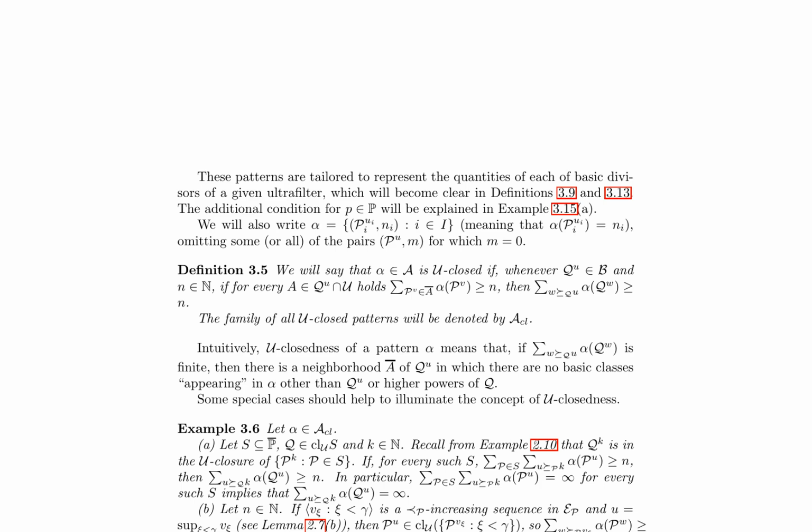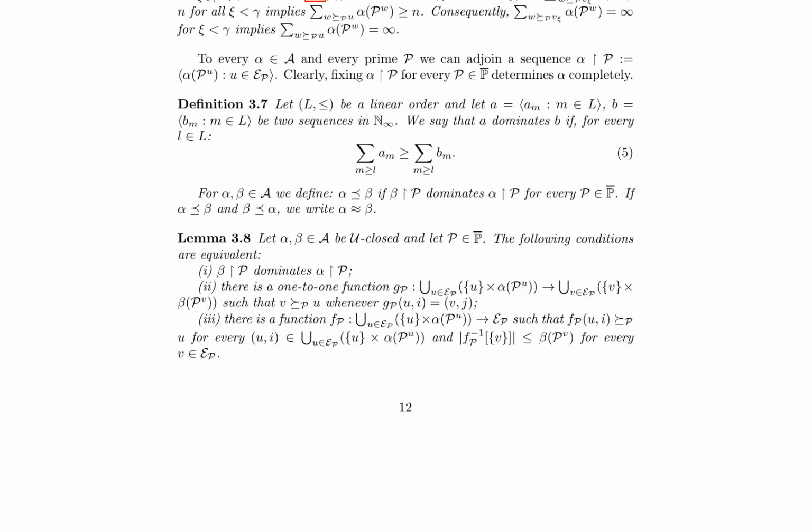alpha approximately equals beta. A key lemma is presented, stating that for U-closed patterns and P, three conditions are equivalent. I, beta's sequence dominates alpha's sequence.